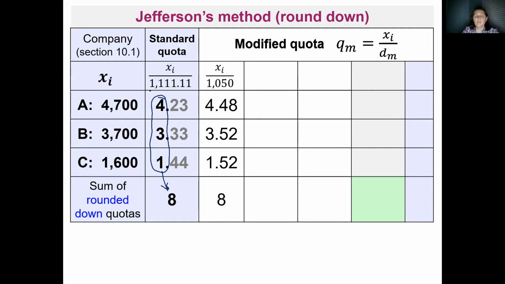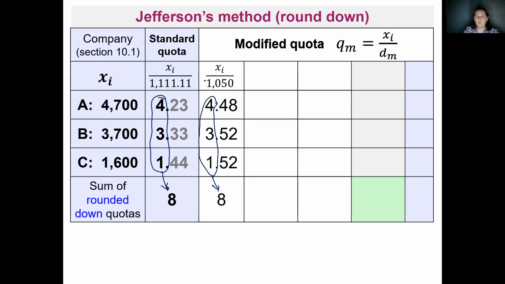Instead of 1,111, let us take 1,050. We divide each state population by 1,050. We get new quotas, and again we assign the lower quota, the whole part, and we still get 8.